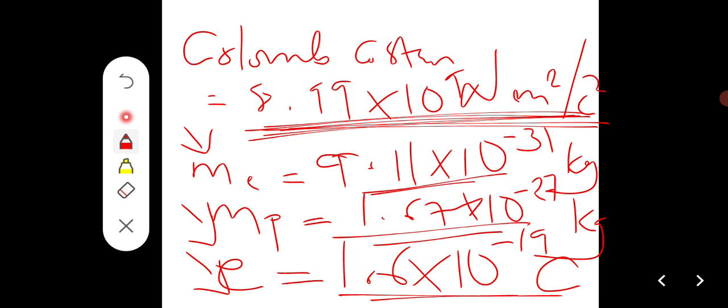For example, maybe they haven't given the electric charge, but you are told that this is an electron or a proton. So you will know that a proton or an electron carries which charge? 1.6. So if you put 1.6, they'll give you 1 mark even if they didn't give you the electric charge. So basically you have to know them.